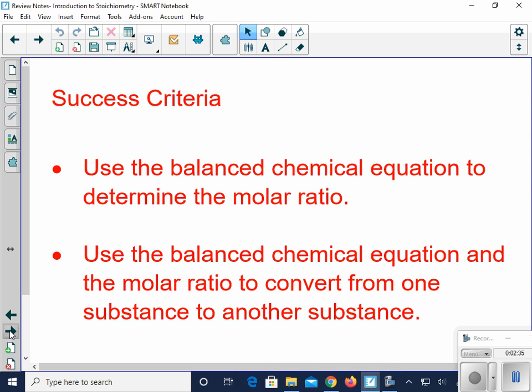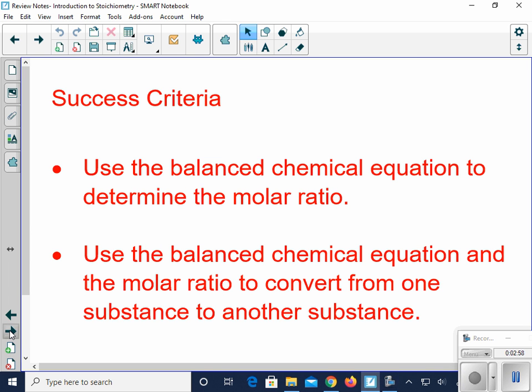Now, success criteria that we're going to need for today. Obviously, we need to have a balanced chemical equation. And if we have that balanced chemical equation, we're going to do something new, which we call the molar ratio. That's the big thing that is new for us with this video, molar ratio.